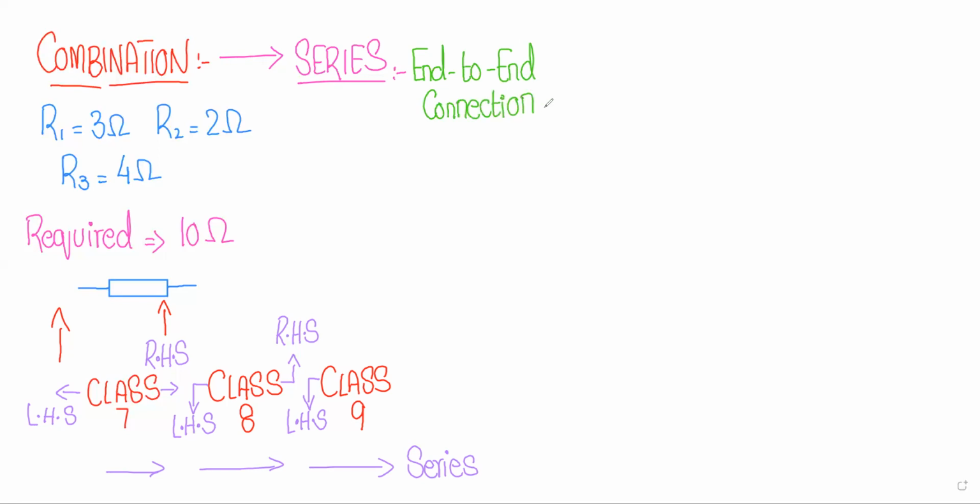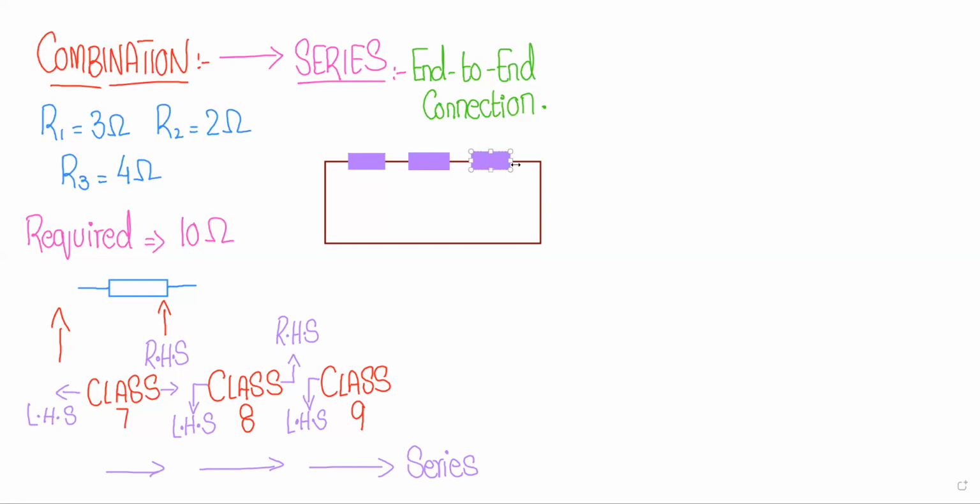So now let's try to connect all of them in series and make a circuit. Let's suppose there is a circuit and we are going to connect three resistors over here, one, two, and three, right?